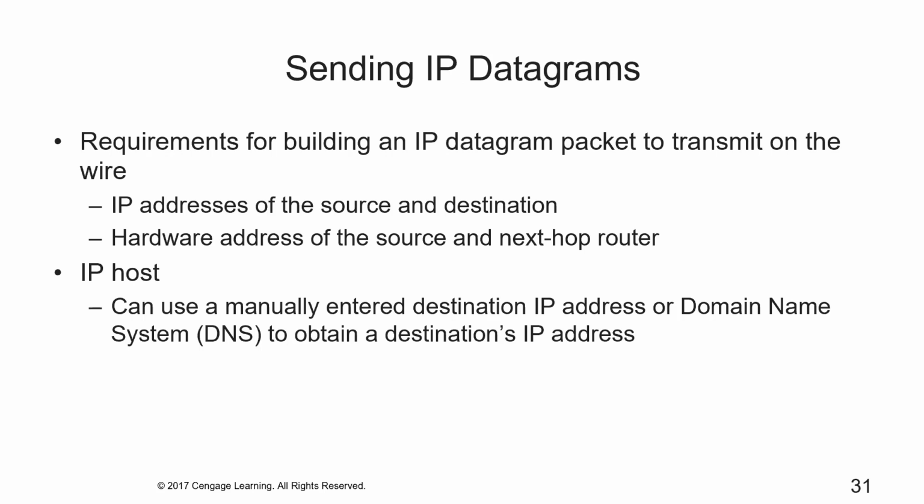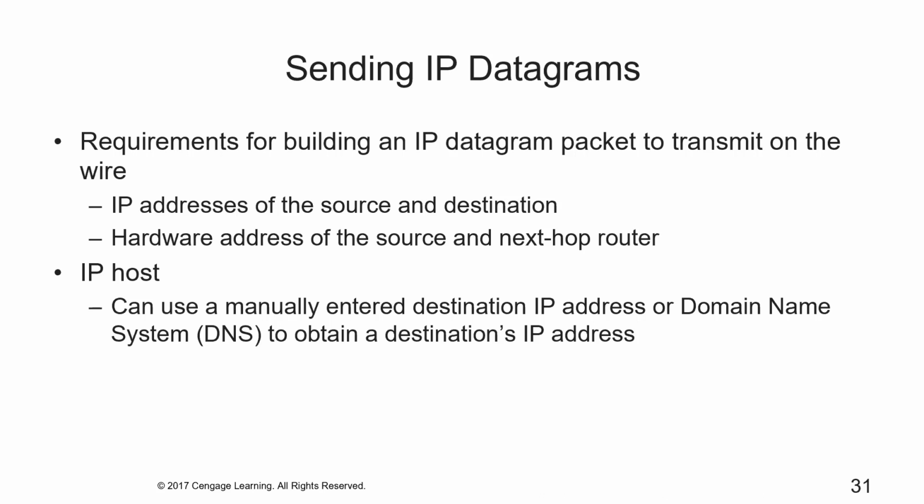So, sending IP datagrams. These are the requirements for building an IP datagram packet to transmit on the wire: the IP addresses of the source and the destination, and the hardware address of the source and the next hop router. The IP host can use a manually entered destination IP address or the Domain Name System, DNS, if you're familiar with it, to obtain a destination's IP address.